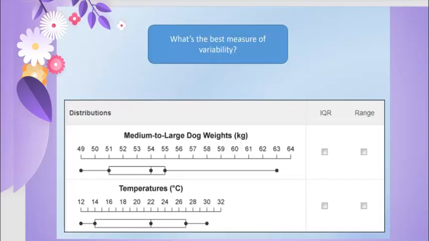I want you to look at this box and whisker plot. The top one, medium to large dogs. What do you think the best measure of variability is for number one?